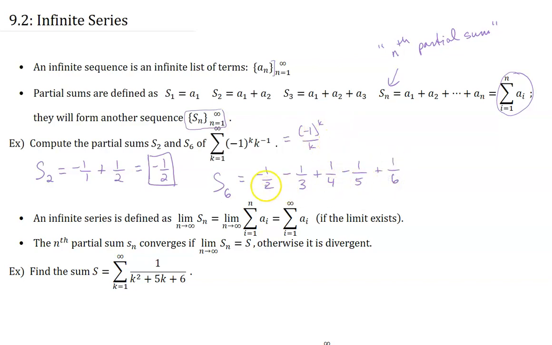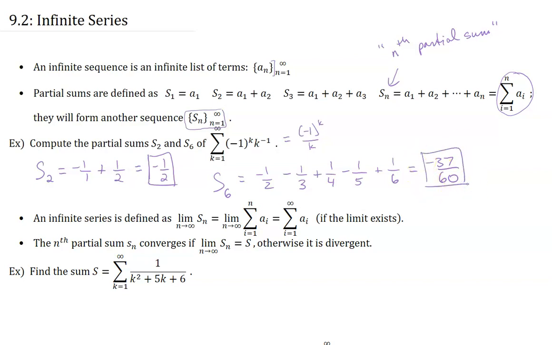I got this because I already knew the sum of the first two terms, and then I'm adding the third, fourth, fifth, and sixth terms together just from plugging those values in for k. This adds up to -37 over 60. Feel free to get a common denominator and add that on your own if you don't believe me.